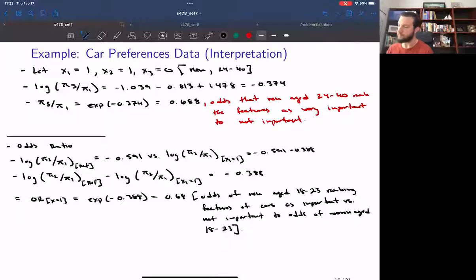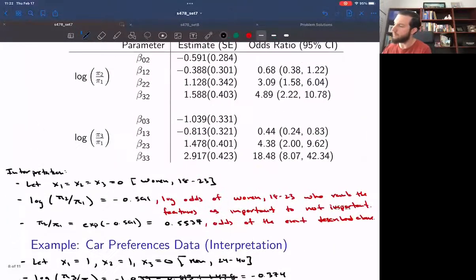Now, in this particular situation, we also have a 95% confidence interval. That 95% confidence interval includes 1.